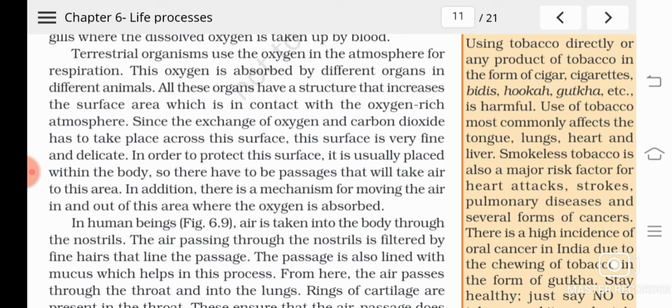They will be moist so that oxygen can dissolve and enter into the blood capillaries. Highly vascularized means what? There will be a rich supply of blood vessels. So all these are some of the common features that a respiratory surface shares.